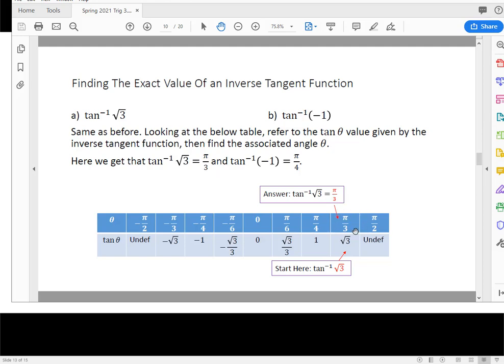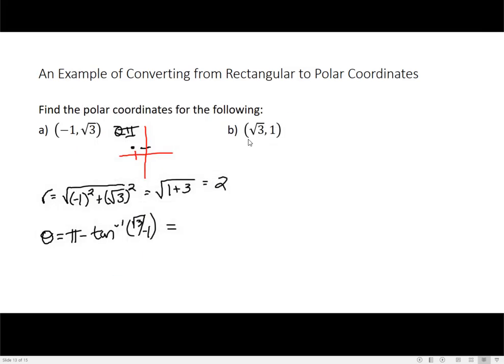So let's use pi thirds, and then use our formula, pi minus pi thirds, and that will give us the correct angle that we need. We get pi minus pi over 3, and we get 2 pi over 3, and that is my angle in quadrant 2.